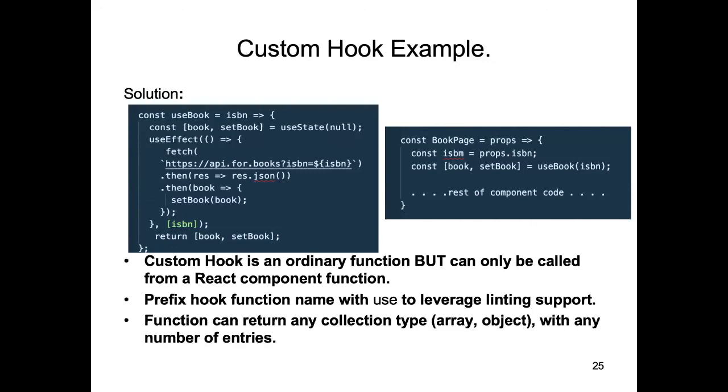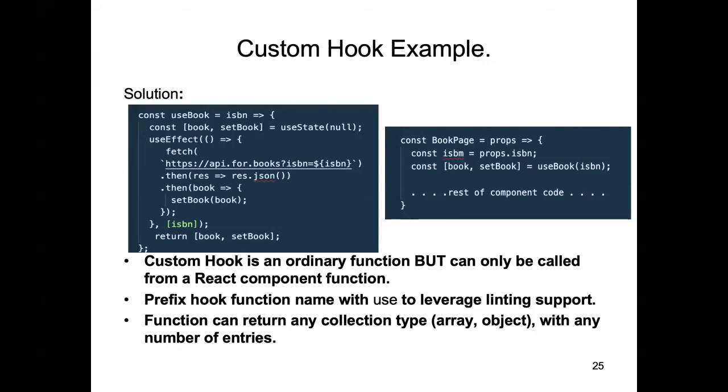And all hooks tend to return a collection data structure, as I said, because if the nature of what a hook does is state management, then we need to have access to the current value of the state, and we need to be able to change the state. And so hence, I'm returning, in my case anyway, the set book setter method as well as the book instance.